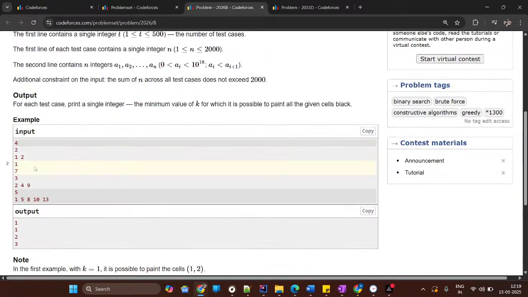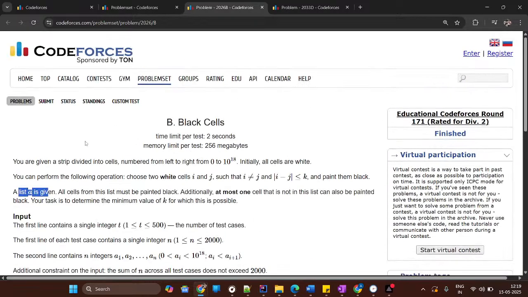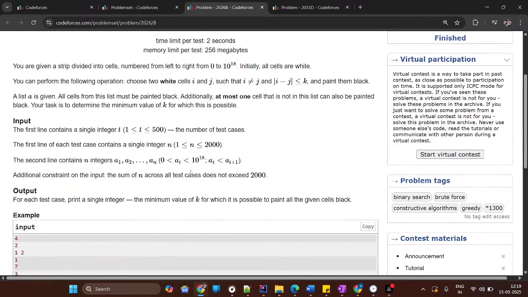Okay, fine, so the infinite grid is there, numbered 0 to 10 power 18.